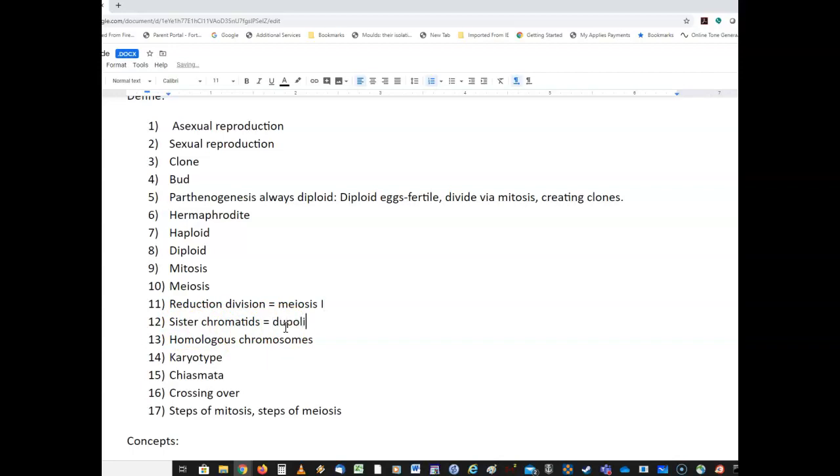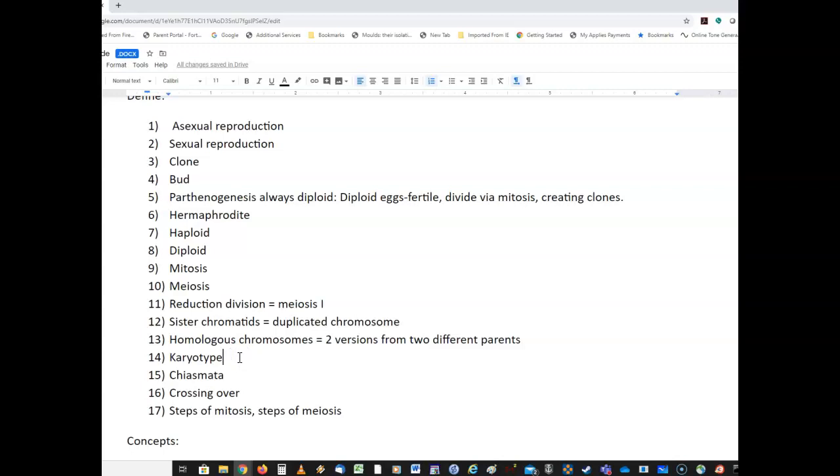That equals a duplicated chromosome, and homologous chromosomes, two versions from two different parents. All right.